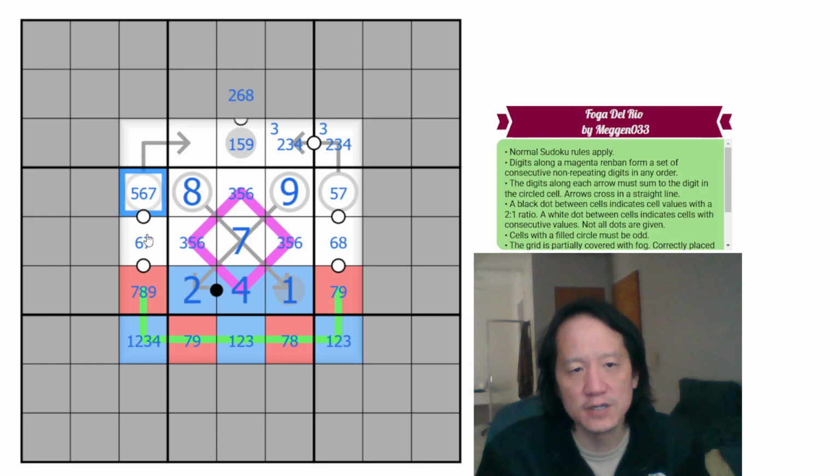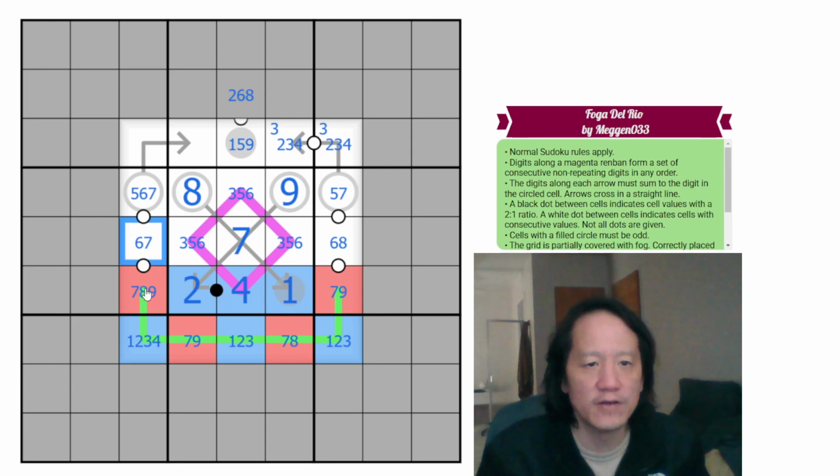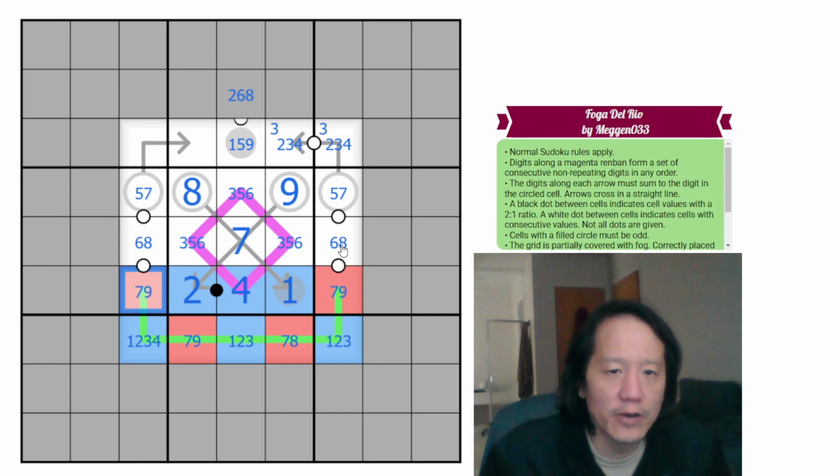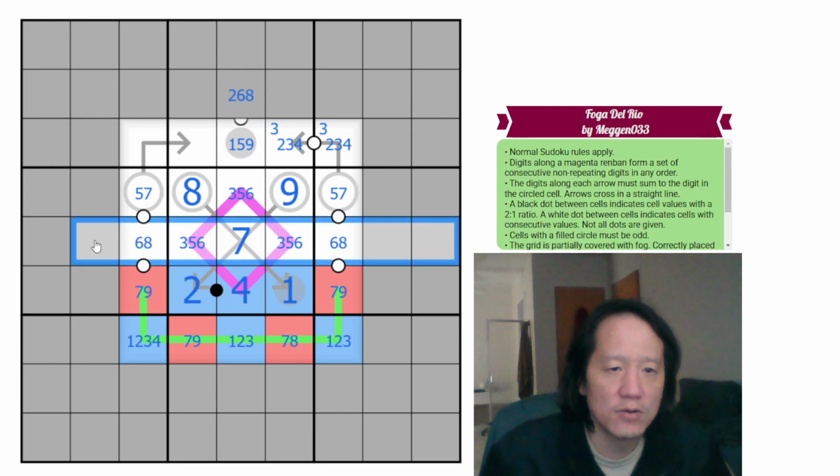Therefore, this can't be 6, because if it goes down, it's 6 down to 5, down to 4, which is not allowed. So this can't be 6, because that can't be 7. This could be 7 going up to 8, which would then go up to 9. So now we have a 6, 8, 6, 8 pair in row 5.